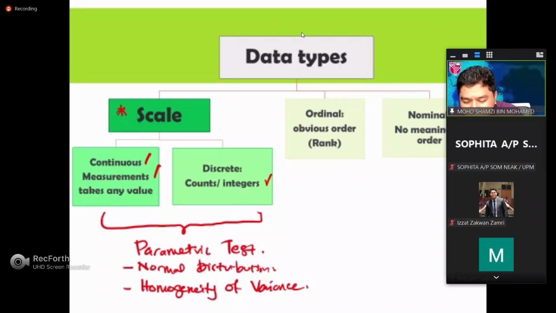Now for today, there are other data types, one of which is ordinal, or sometimes we call it rank. The word ordinal you can associate with order. There's an obvious order. We put a rank to a value, and there's an order to that value.